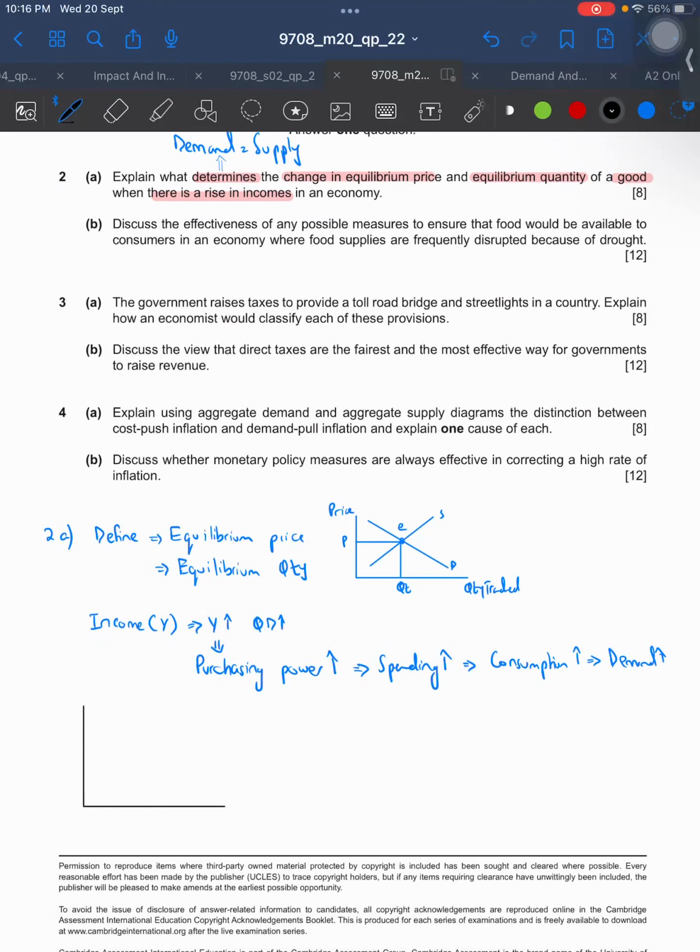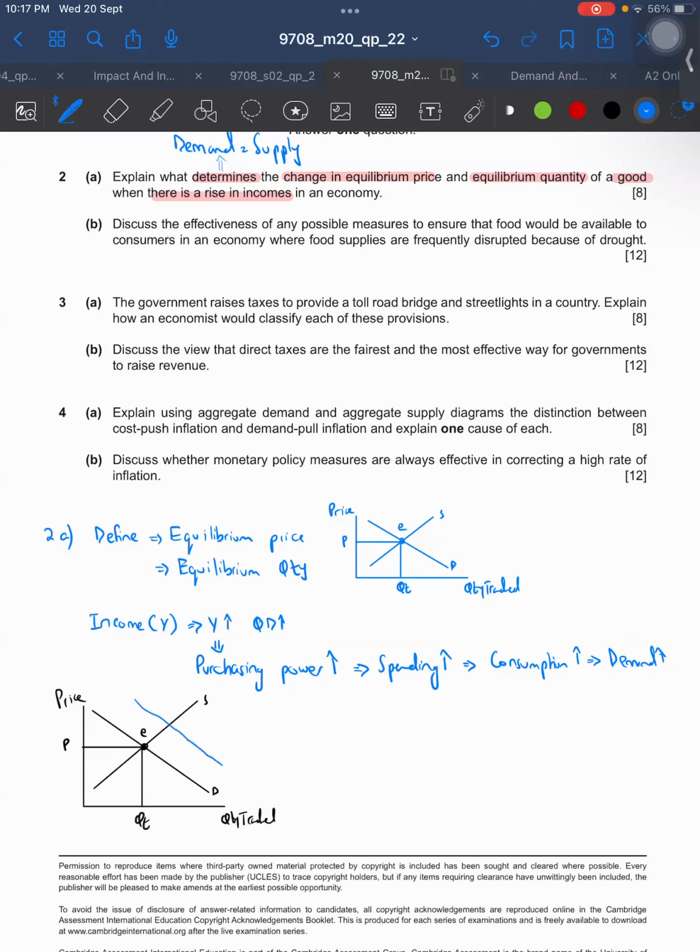Okay, the axis of price and the axis of quantity traded, a downward sloping demand and an upward sloping supply, resulting in an equilibrium through which the equilibrium price and the equilibrium quantity will be determined.